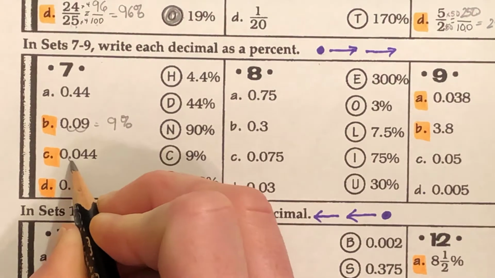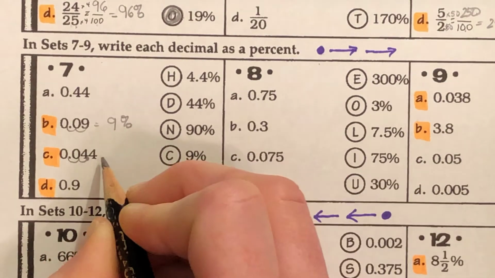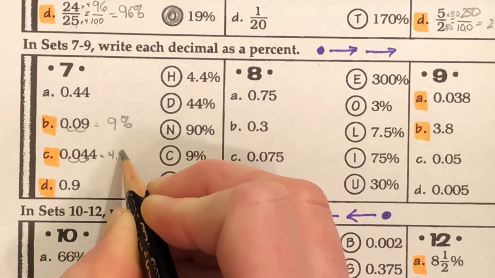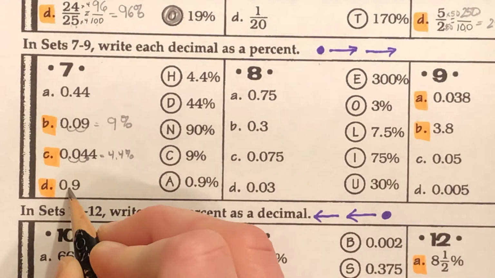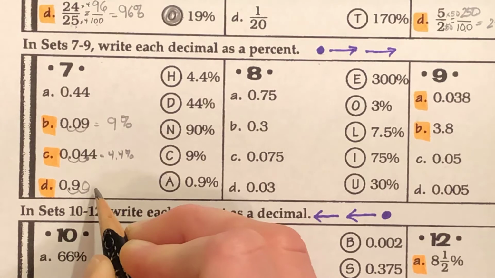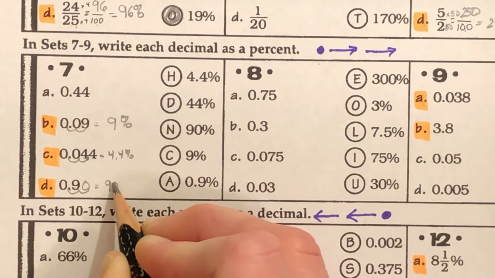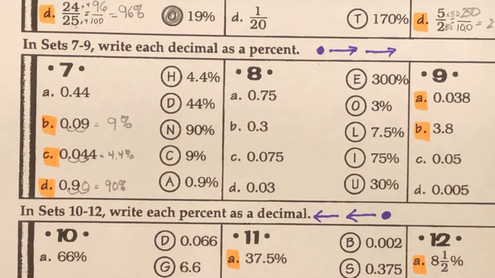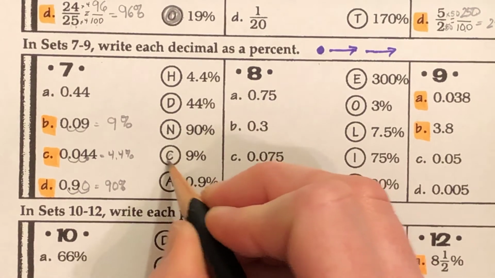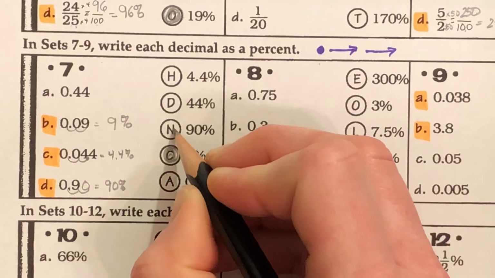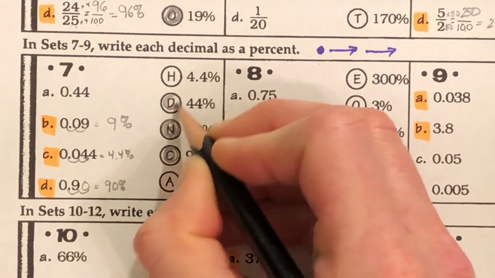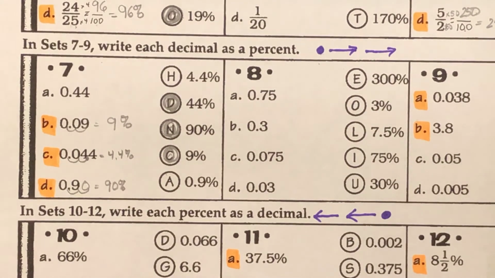We move this 2 places to the right, goes right there, which gives us 4.4%. And 9/10, 2 places to the right, gives us 90%. See how that works? We've got 9%, 90%, and 4.4%. 8 is more of the same.